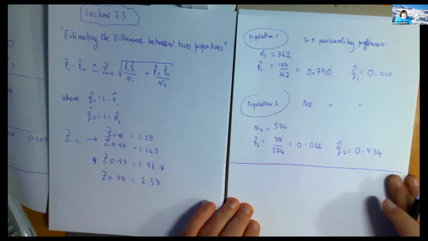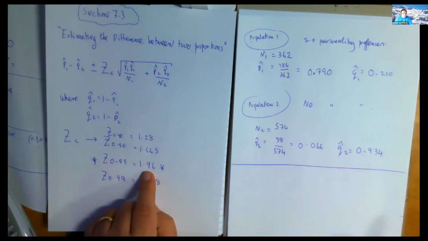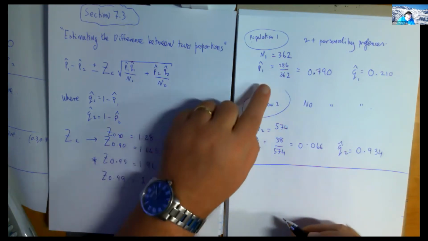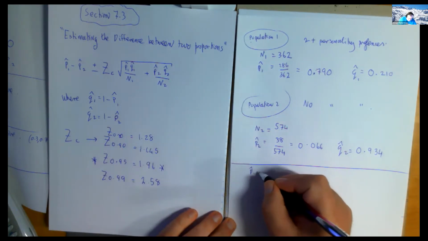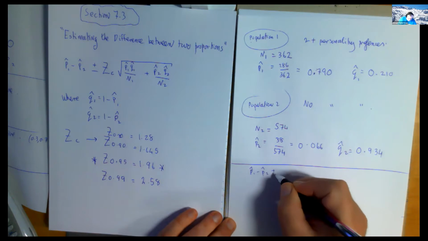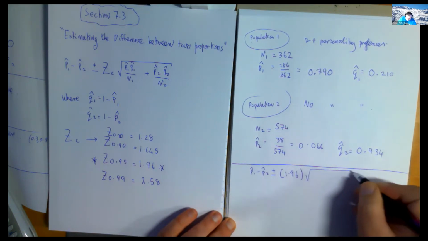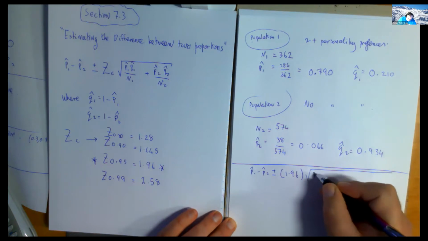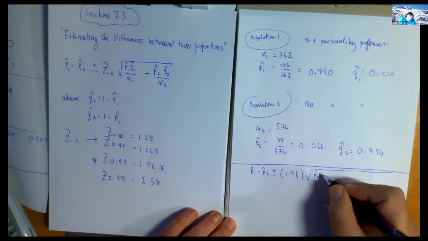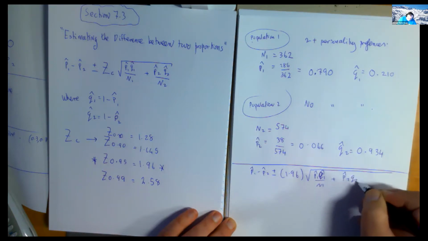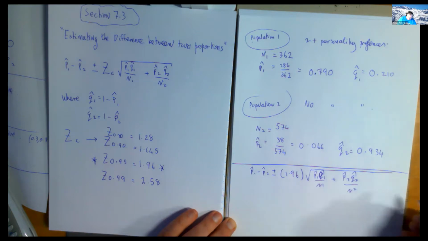They want a 95% confidence interval, which is 1.96. So it's going to be P1 hat, take away P2 hat, give or take 1.96, a really ugly square root with a P1 Q1 over N1 plus P2 Q2 over N2.